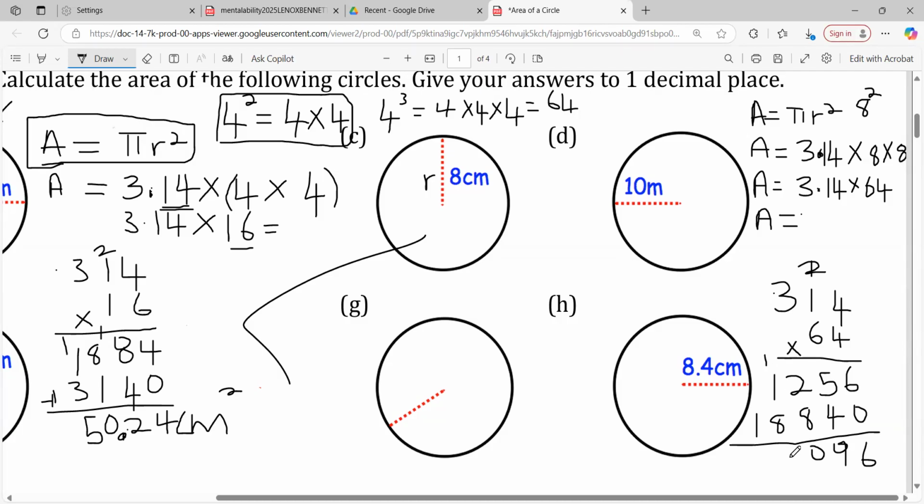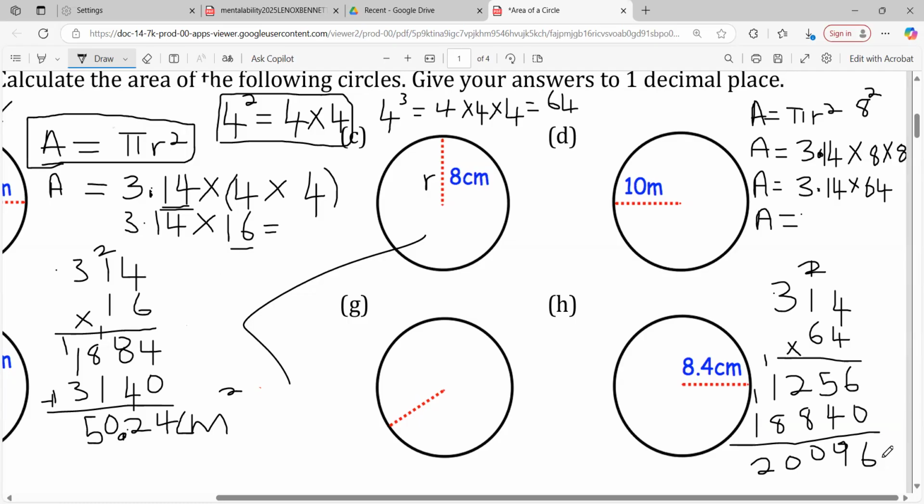And then 10 again. Very good. Put 1 over, and you get 2, 1, 1, 2, 3, 4. All right. So that's 20,096.